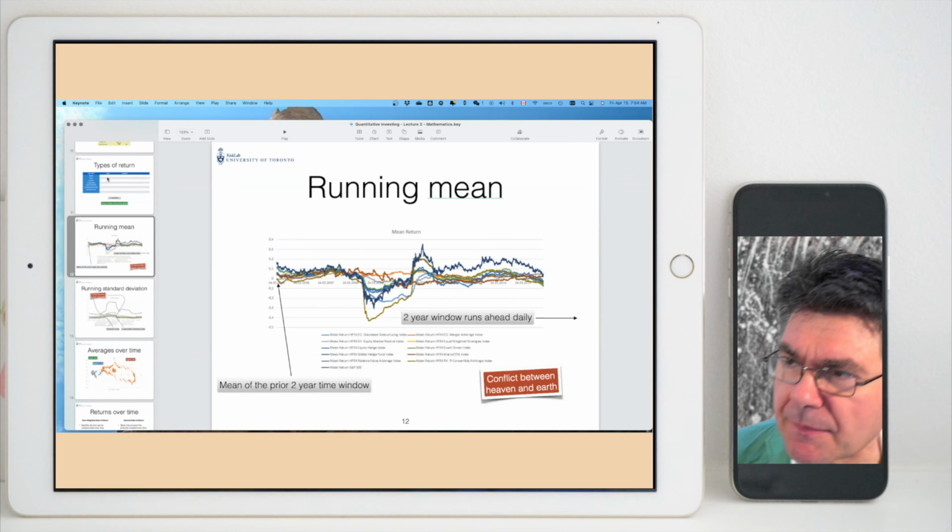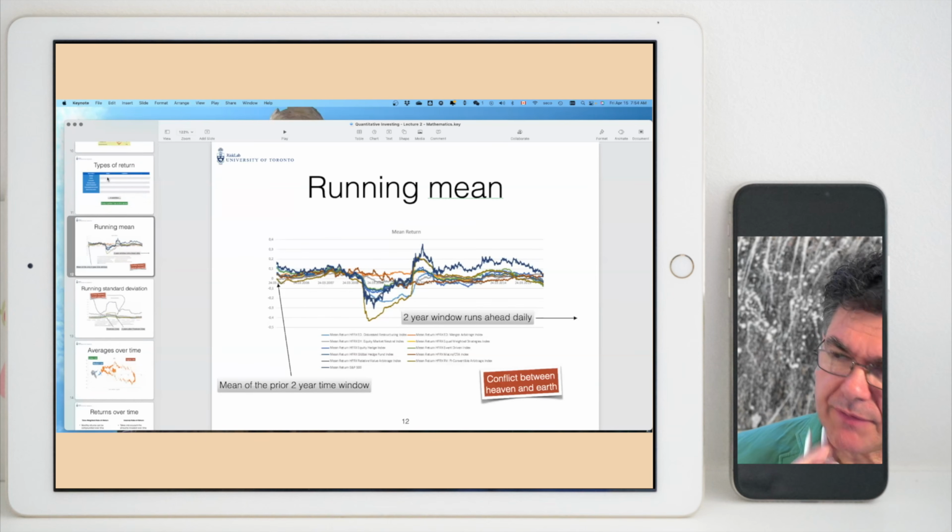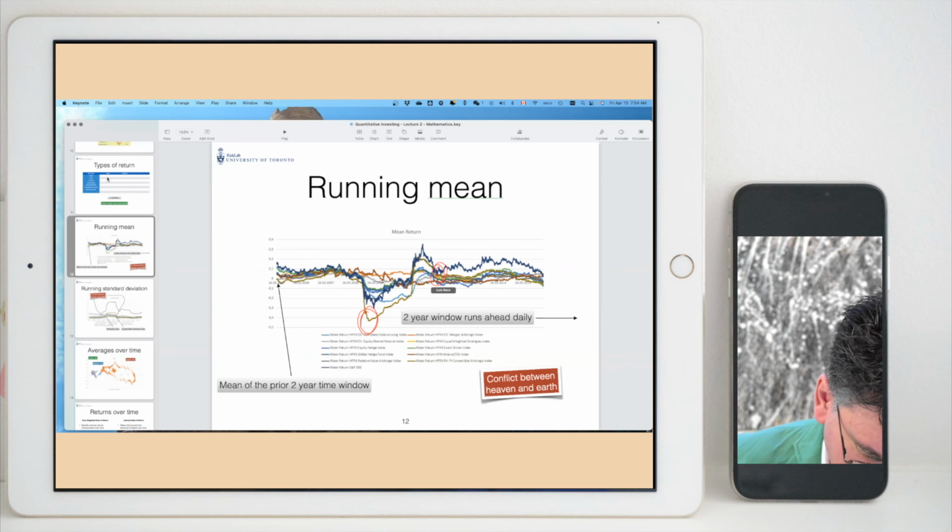But this is what they say. Some professional investors say, yeah, this is true, but look at this number. Here it's very low, here it's very high. This thing is all over the place. So they say this variability means that we don't know the mean.